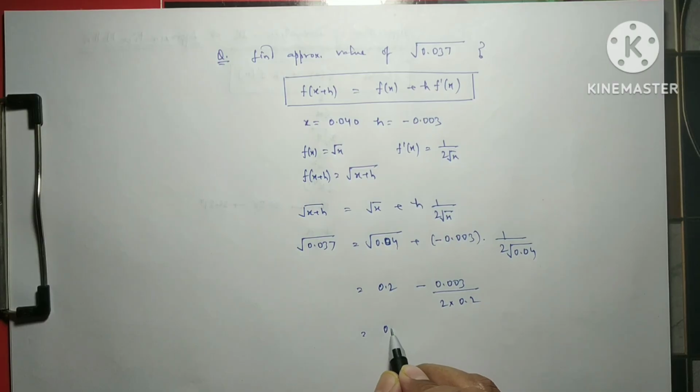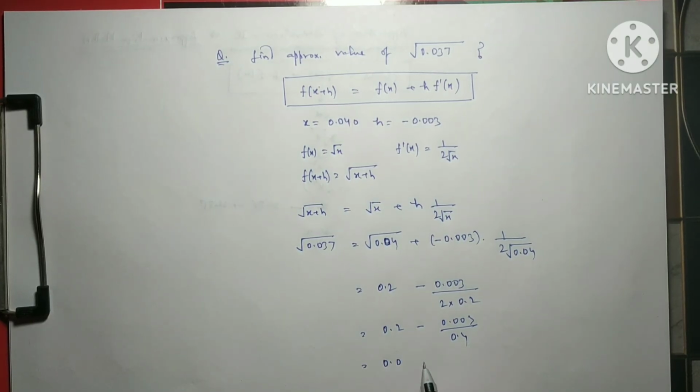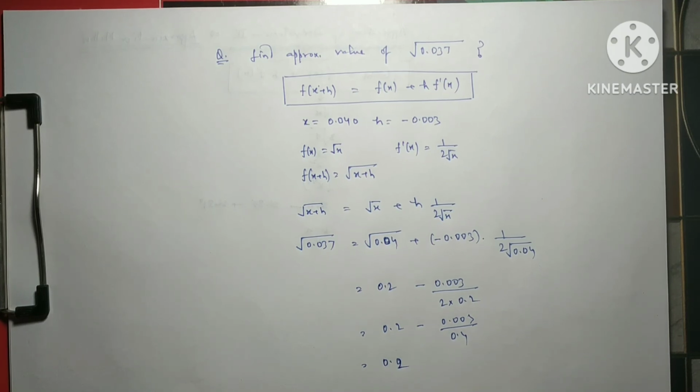So it is 0.2 minus 0.003 over 0.4, and this is 3 over 400.